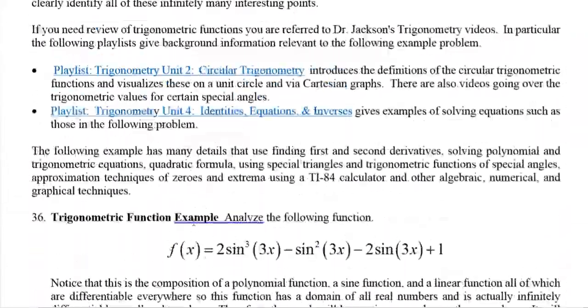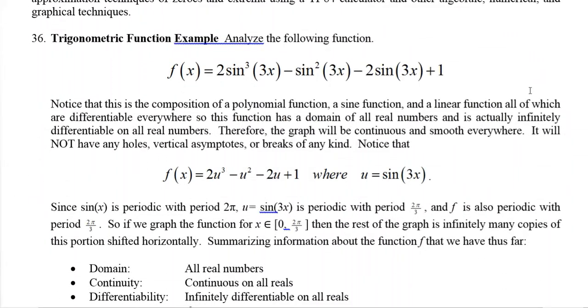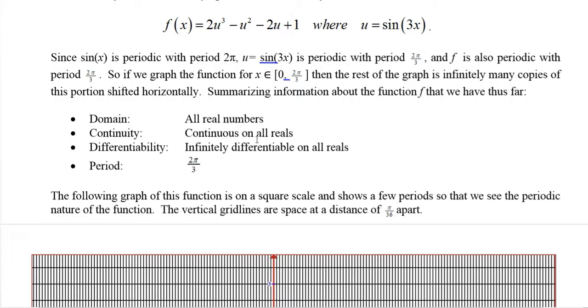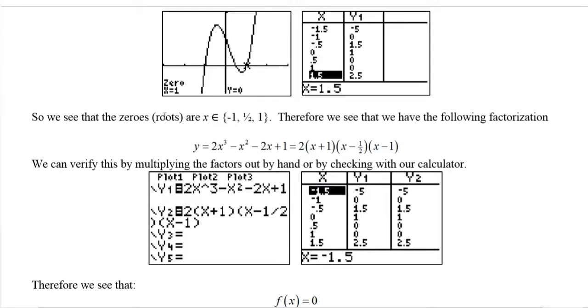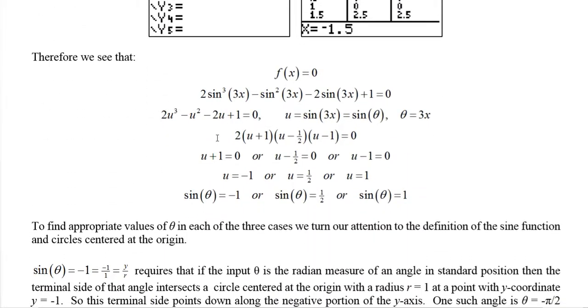We know some of their basic characteristics. Solving something like this as an equation involved a substitution and working with polynomial functions first. Once we got it down to a substitution where we had sine of theta equals something, now we're solving trig equations.